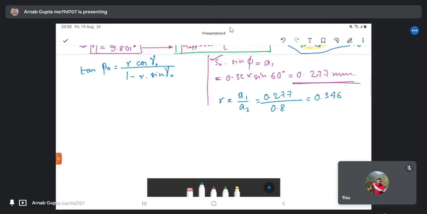Now you know R, you know gamma naught, you can calculate beta naught, the shear plane angle. After substituting these values you will get around 17.539 degrees.